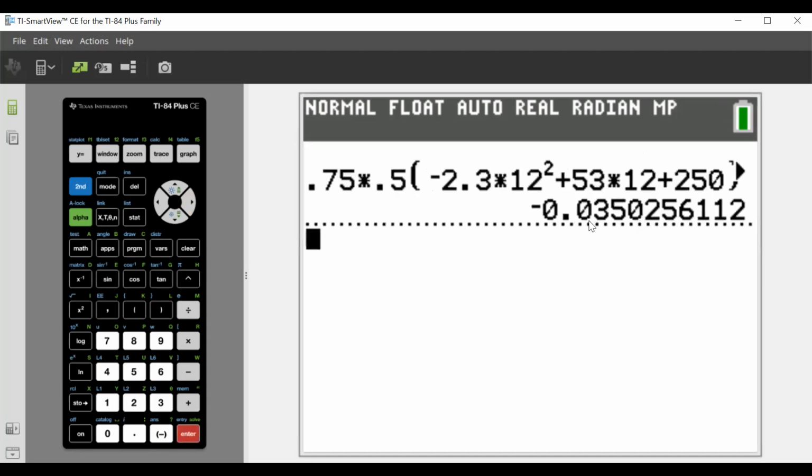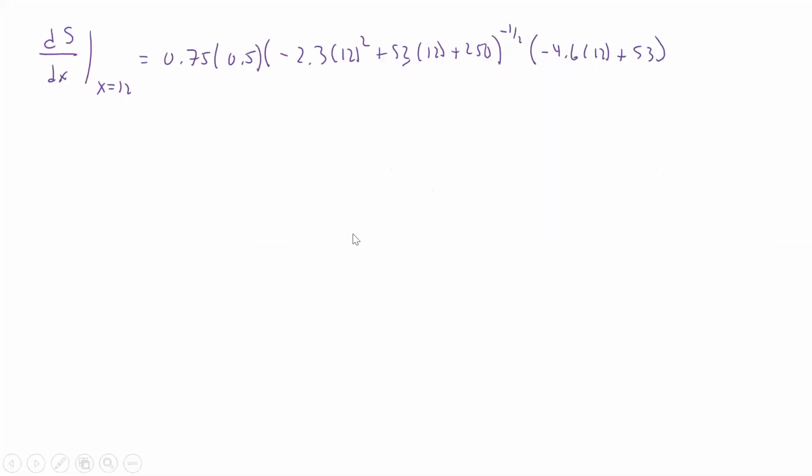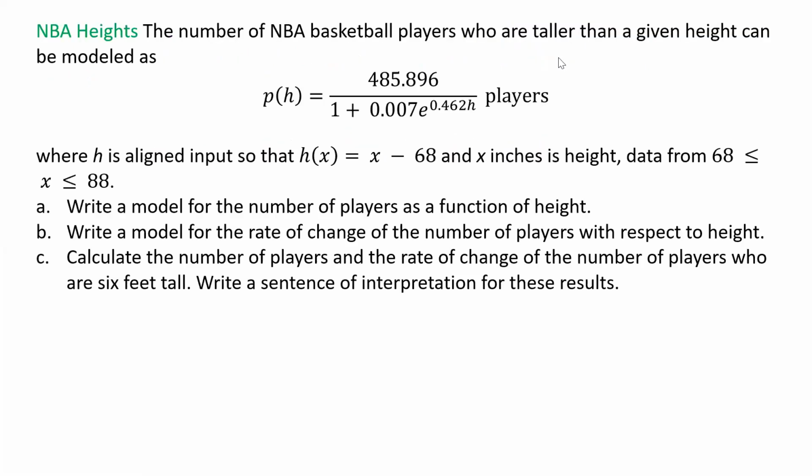Negative 0.035. So this is equal to negative 0.035, and that's going to be in millions of dollars per month. So it's going to be decreasing by 0.035 million dollars per month. Okay, and that would be how we do that one. All right, so I'll pause and then we'll come back to this one.